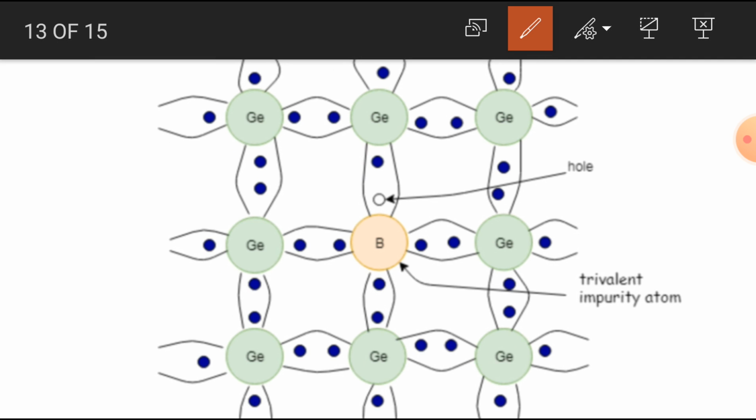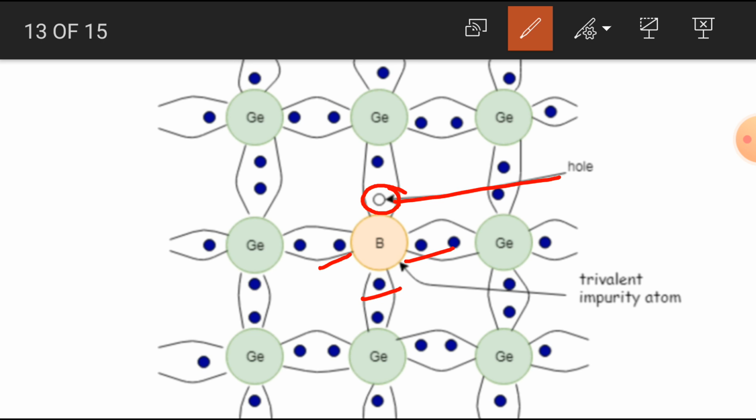We know that the boron atom is a trivalent material. That means it contains 3 valence electrons, first, second, and third, and here a deficiency of electron is present, hence a hole is present.